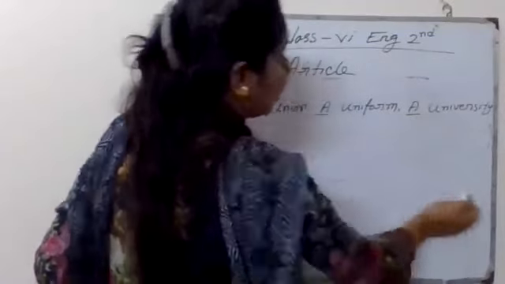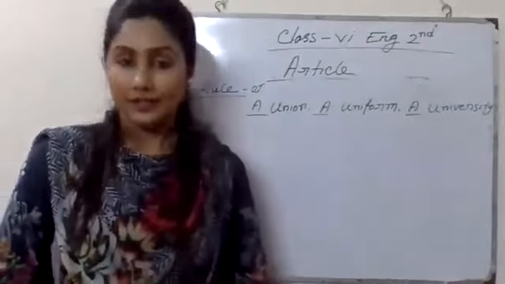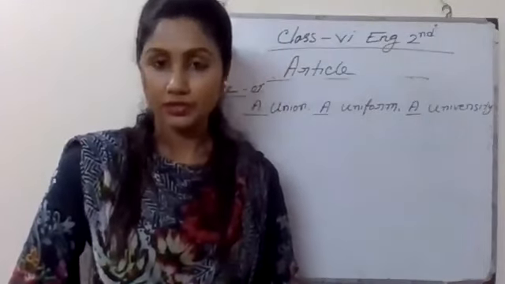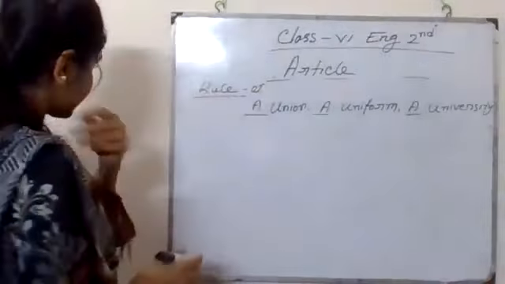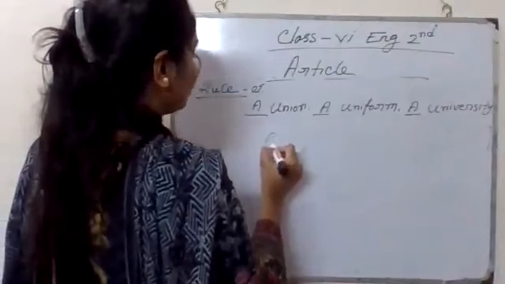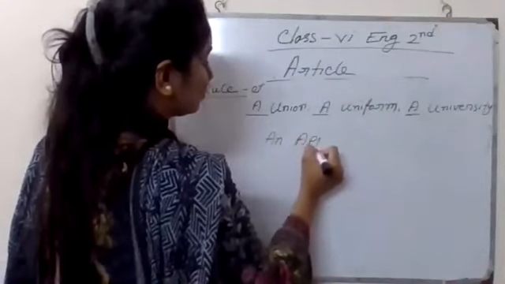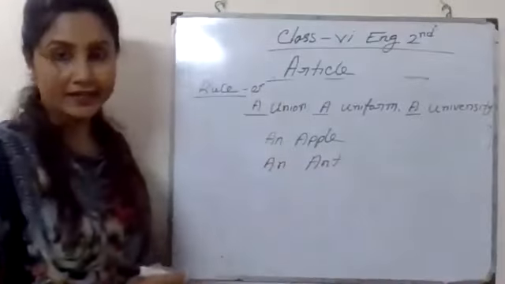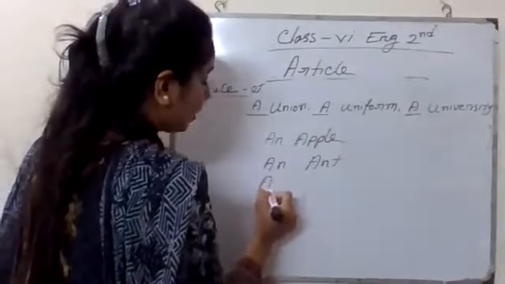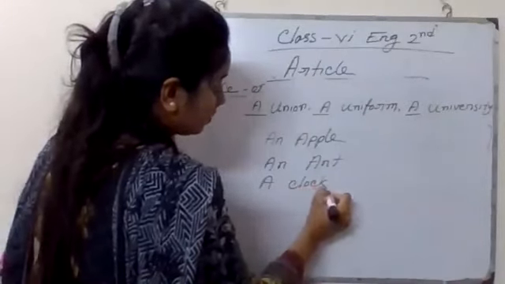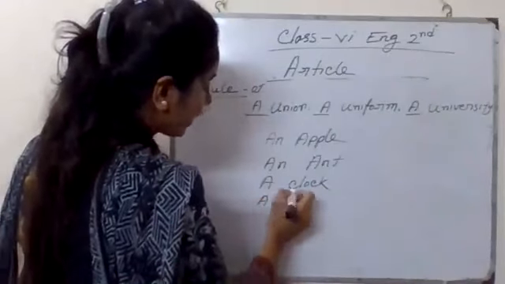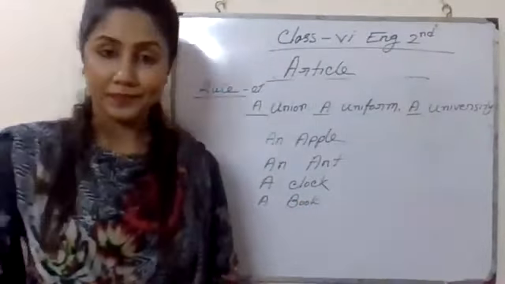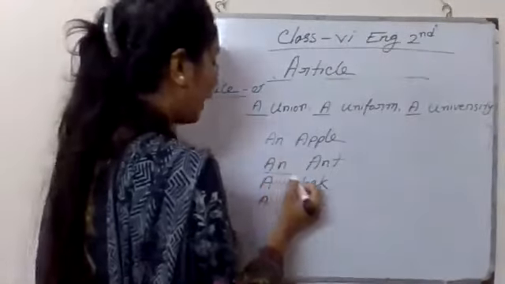So a common rule is when any word starts with a vowel, then we have to use an before the word, like an apple, an ant, and a clock, a book. Here we are using indefinite articles.